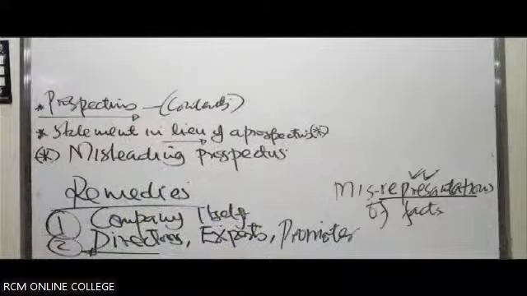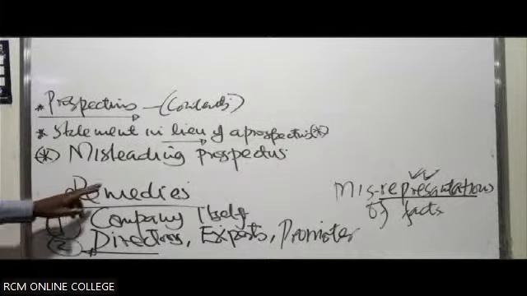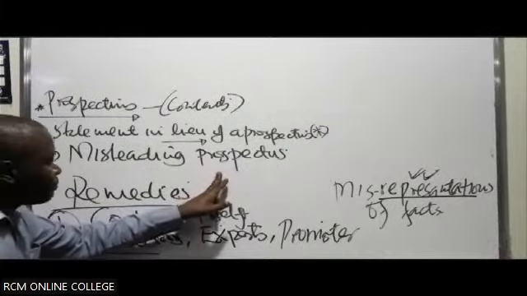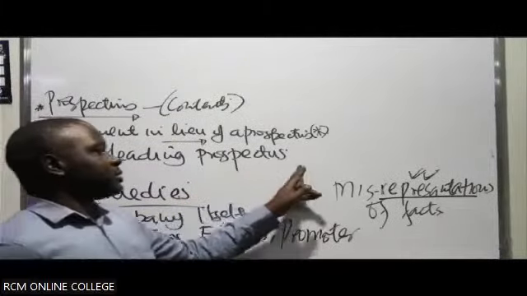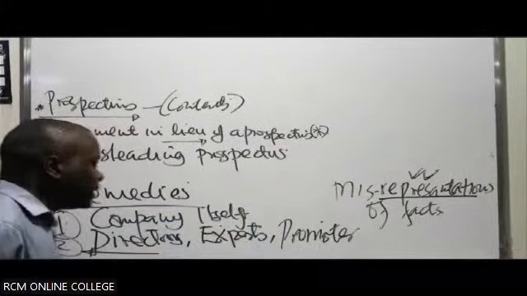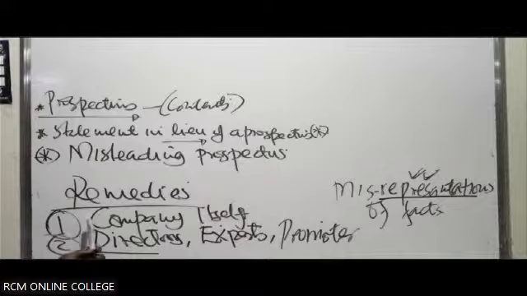So overall, any investor who has been misled by a misleading prospectus will have remedies. You have the remedies against the company, and those against directors, experts, or promoters of the company.